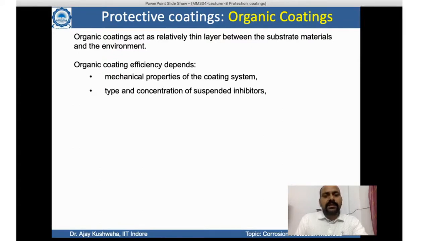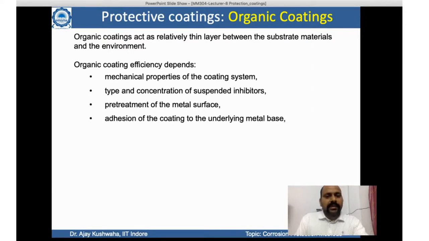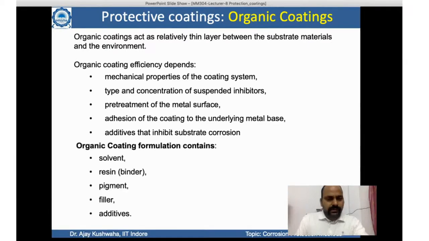Then the type and concentration of suspended inhibitors in the coating, pre-treatment of the metal surface, adhesion of the coating to the underlying metal base, and additives that inhibit substrate corrosion. In case of organic coating, these are basically the parameters which affect the performance of the coating, and how we decide what kind of coating and content is there.